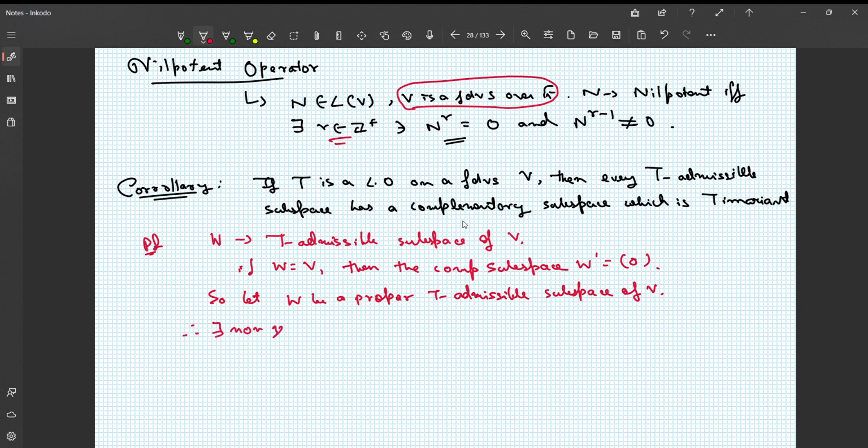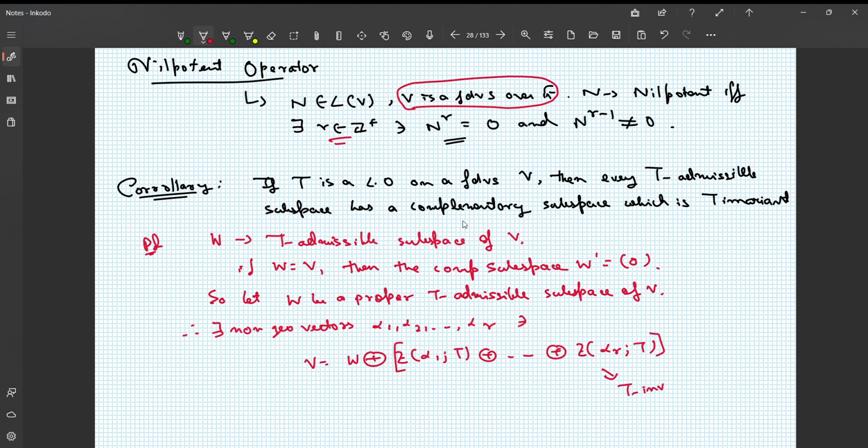Therefore, there exist non-zero vectors alpha 1, alpha 2 till alpha r, such that V can be written as the direct sum decomposition of W, direct sum the T cyclic subspace generated by alpha 1, and so on till the T cyclic subspace generated by alpha r.